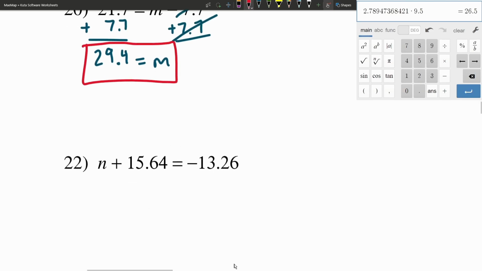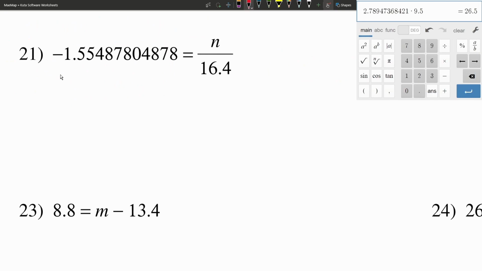Let's move on to number 21. Again, super messy, really long decimal, but like all these others, it's just one step. N is divided by something, so we're going to multiply by what it's divided by. That's in order to cancel it out, to leave us with just N, and whatever I do to the left-hand side, I have to do to my right-hand side. So this also gets multiplied by 16.4.